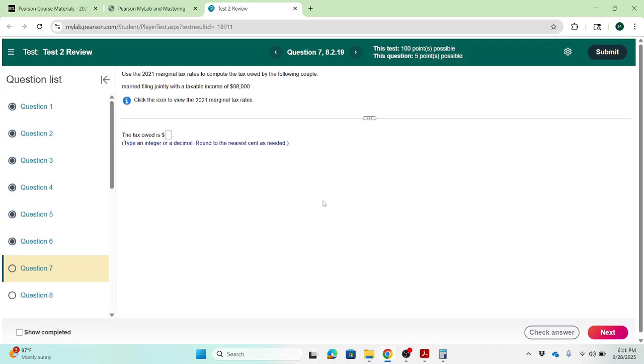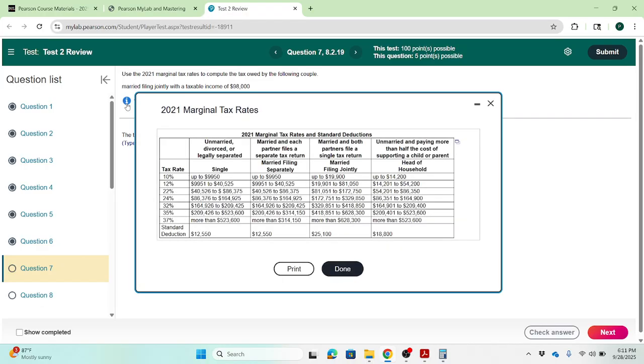Use the 2021 marginal tax rates to compute the tax owed by the following couple. Married filing jointly with a taxable income of 98,000. If you click it, you can see that there are different columns.